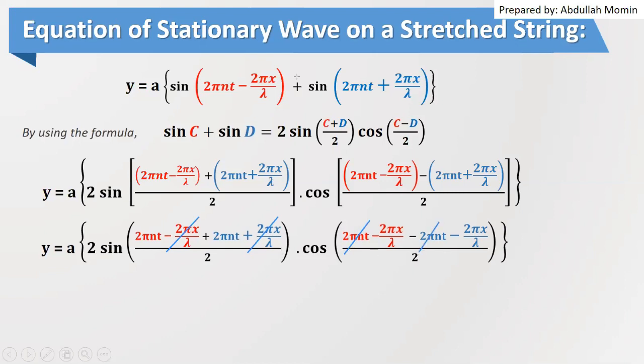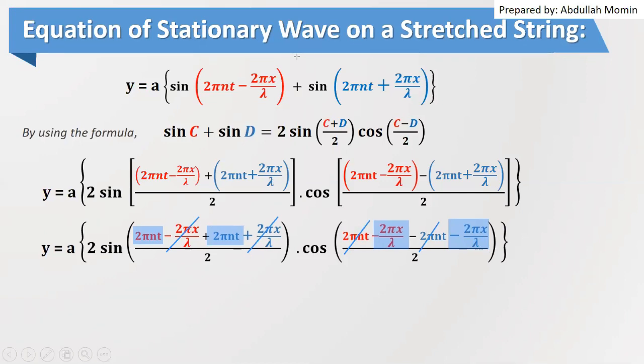So what we have left: in the numerator 2 pi nt plus 2 pi nt divided by 4, and in the other bracket we have left minus 2 pi x upon lambda and minus 2 pi x upon lambda.